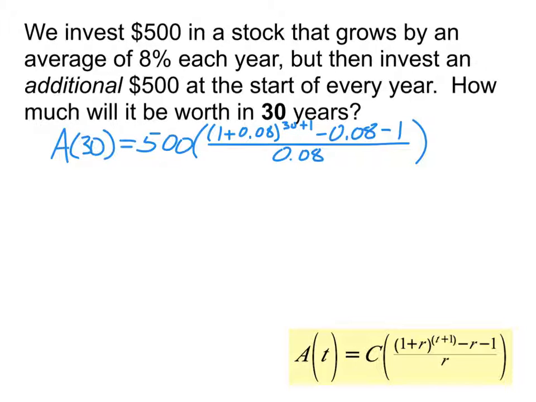It should be the exact same equation you wrote for the last problem, except it's A of 30 instead of A of 2, and our exponent is 30 plus 1 instead of 2 plus 1. Everything else is the same, because notice I gave you the same contribution amount, and we are working at the same rate. So now, you know that your equation was set up right. Now go ahead and do the calculations. Let's make sure we can get the right calculations to come out in the right order.